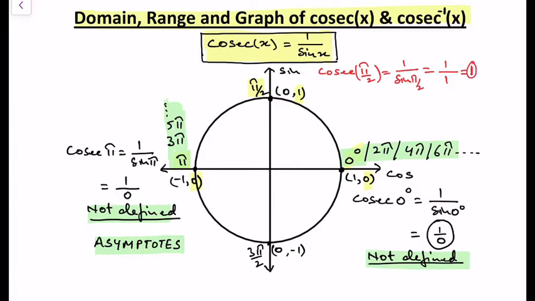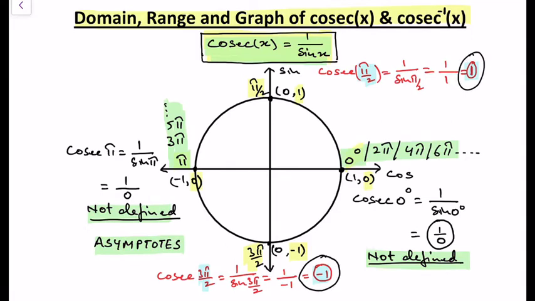And at 3 pi by 2, cosec 3 pi by 2 is 1 over sin 3 pi by 2. Sin 3 pi by 2 is minus 1, so we will get minus 1 here. So at pi by 2, cosec x is 1 and at 3 pi by 2 it is minus 1, and we already know that 1 and minus 1 are the range for sin x.